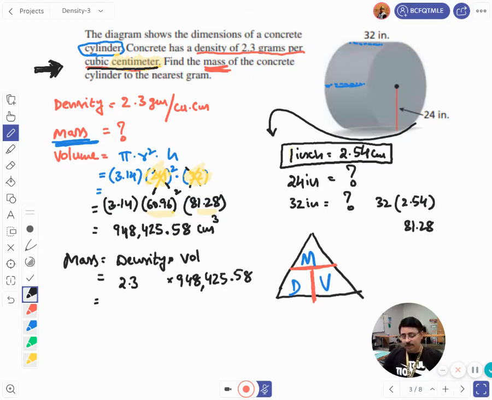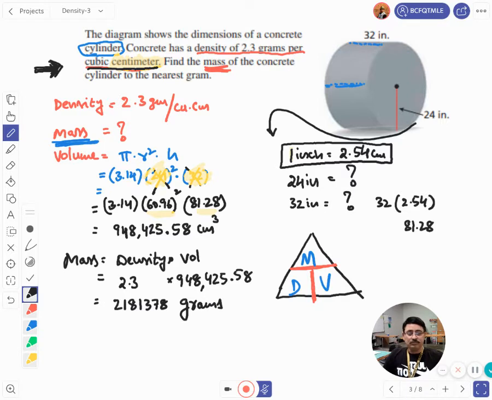So let me multiply this with 2.3. I got again such a large number, 2,181,378. I'm just dropping the decimals here. I see that these are so many grams.